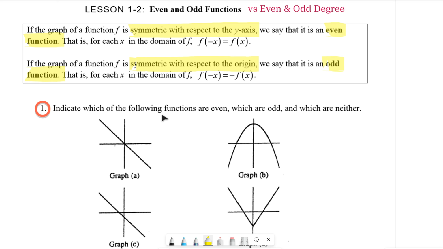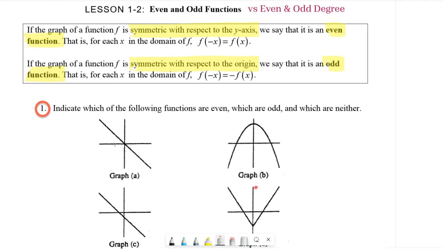So let's scroll down to the lower part here, and I want us to take a look at question number 1. Look at the graphs A, B, C, and D. When we are talking about symmetry with respect to the y-axis, what I want you guys to visualize is that when a graph is sitting on the graphing plane, if you are able to fold your paper, let's say, on the y-axis itself, what is going to happen if it is an even function is that the function itself will overlap with the other side.